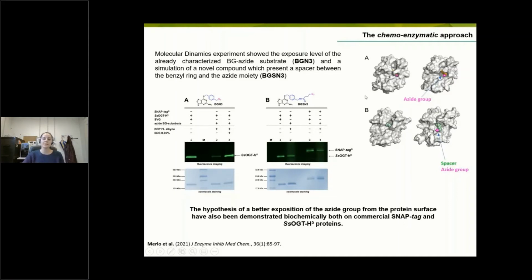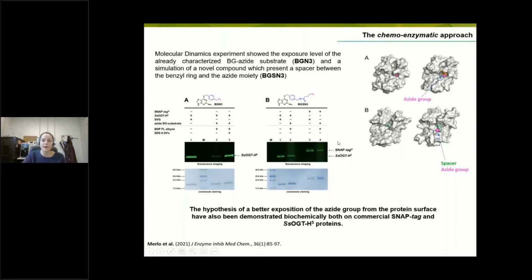We tested these substrates with the SNAP-tag protein through molecular dynamics experiments. And as you can see from the picture, effectively the second compound seems to be more exposed with respect to the already known substrate.